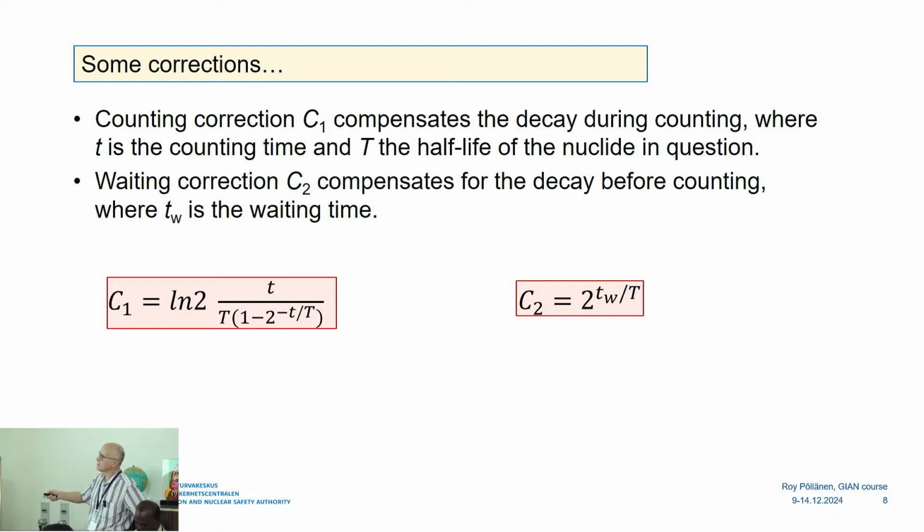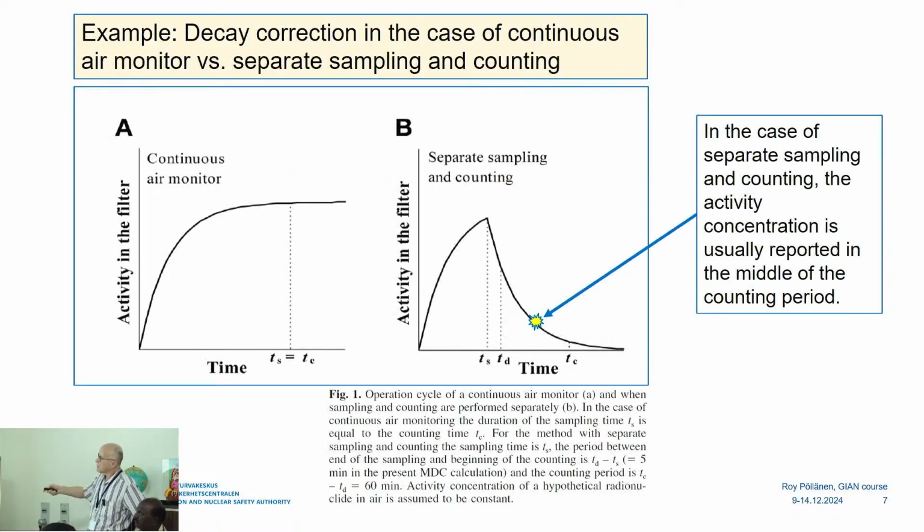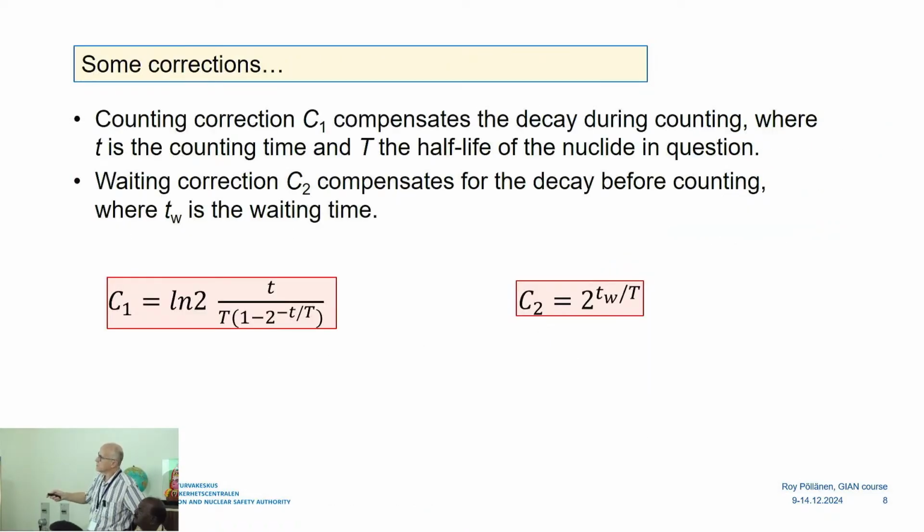And the correction for the waiting period, C2, compensates for the decay before counting. Here, TW is the waiting time.